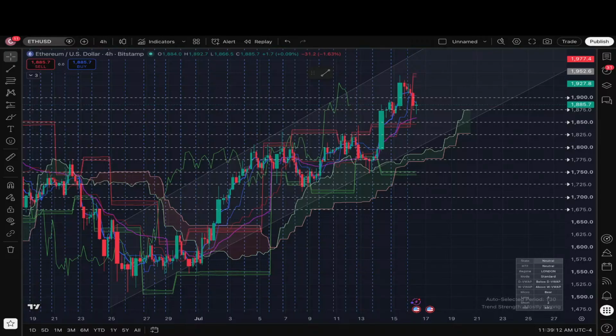So we really need to be careful within this range, this 1875 to 1892 range. We need to see a definitive break. If we get a breakdown below 1875 or a break above 1892, then we're going to need to go ahead and take some action here.